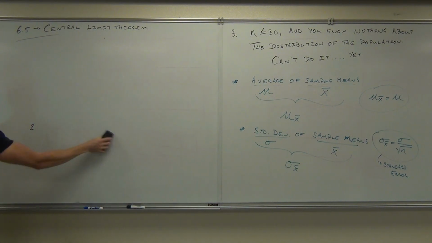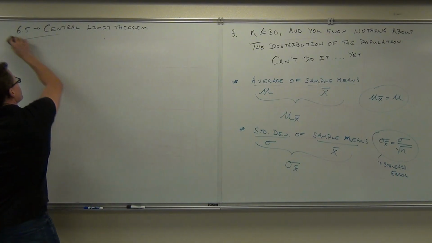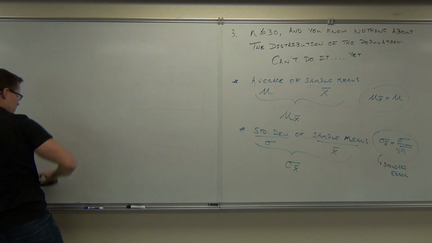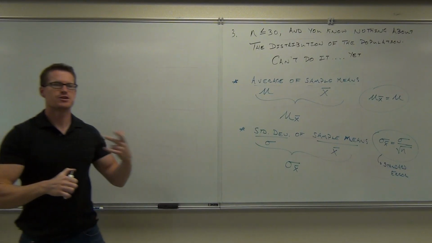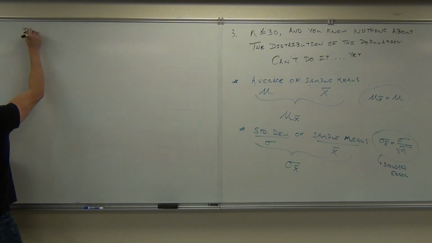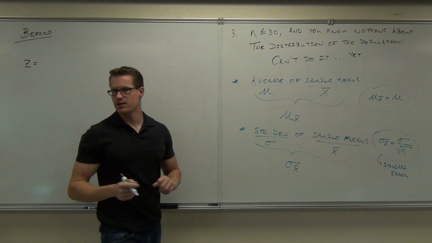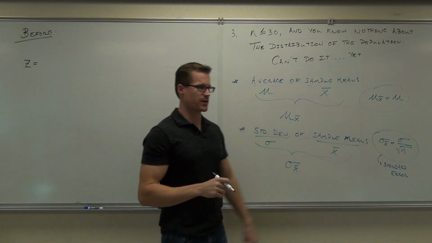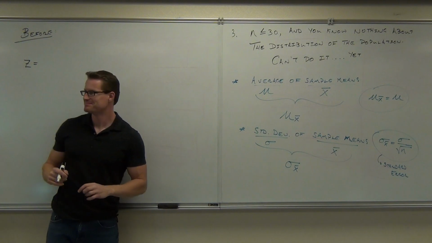In the previous sections, well, besides 6.4, where you really did no actual mathematics, in the previous sections 6.2 and 6.3, what we did is we found the z-score for individual pieces of data. What was the z-score for an individual piece of data? How do you find it? You tell me the formula, you should have it memorized by now.